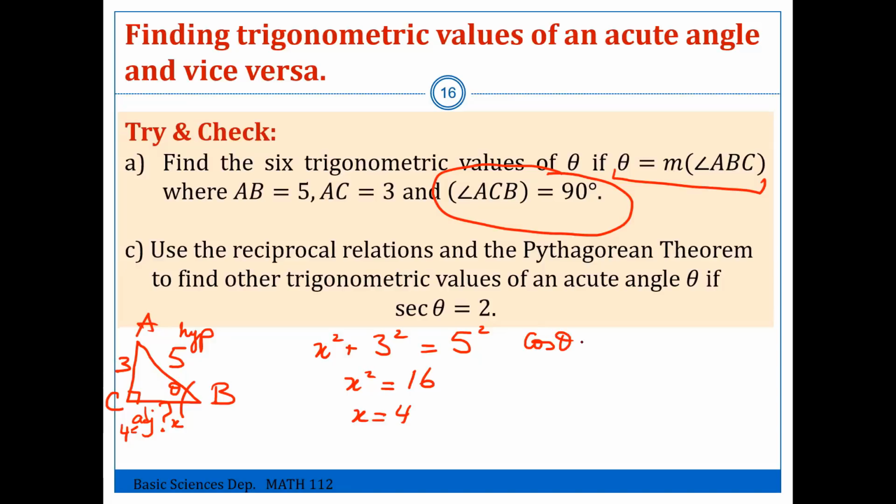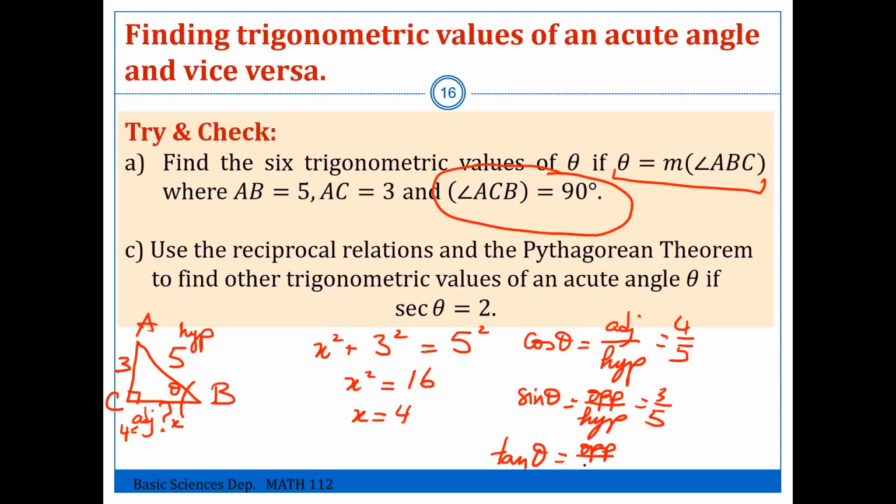So cosine is adjacent over hypotenuse, 4 over 5. Sine is opposite over hypotenuse, 3 over 5. And we should actually start with this one because it is given. Tangent is opposite over adjacent, 4 over 3.